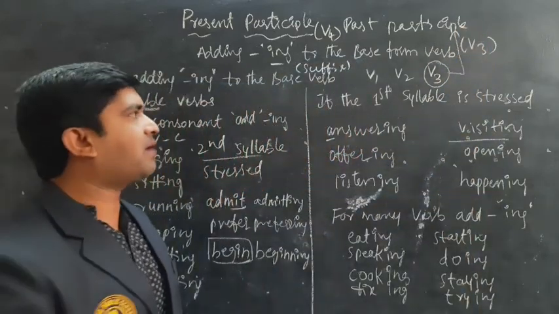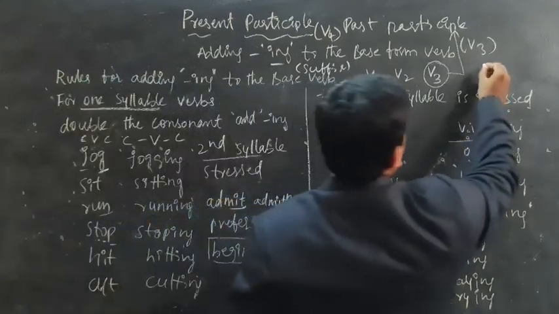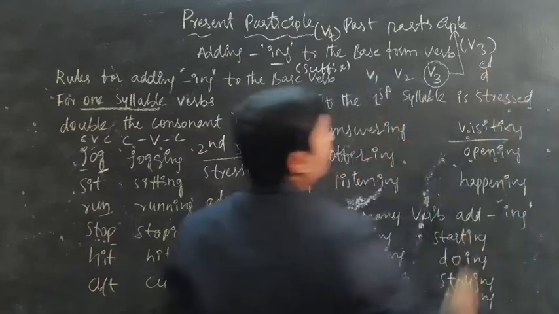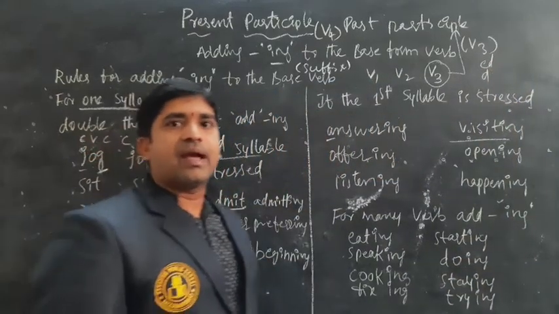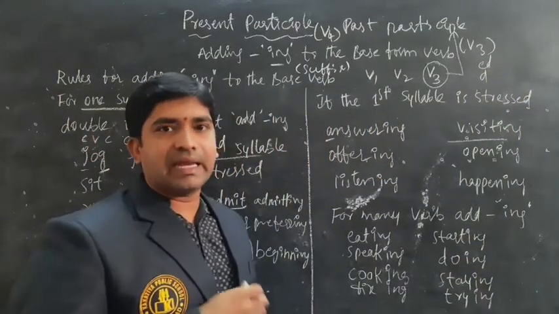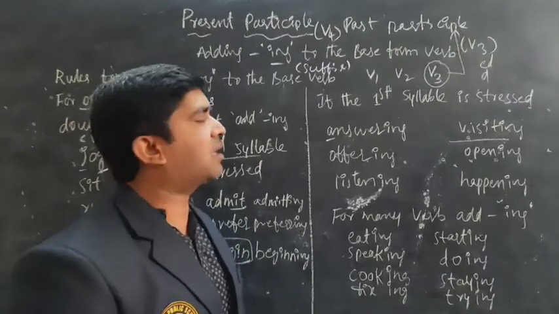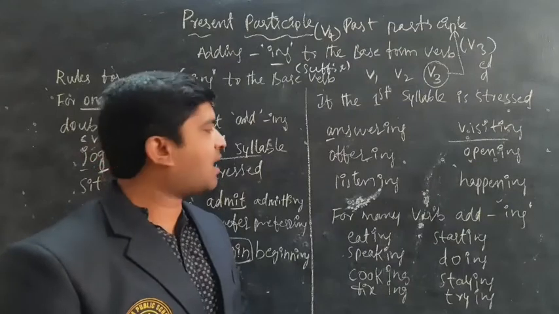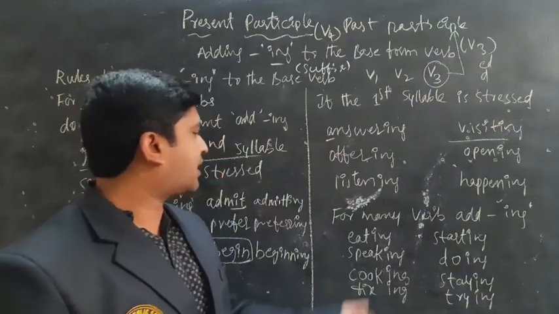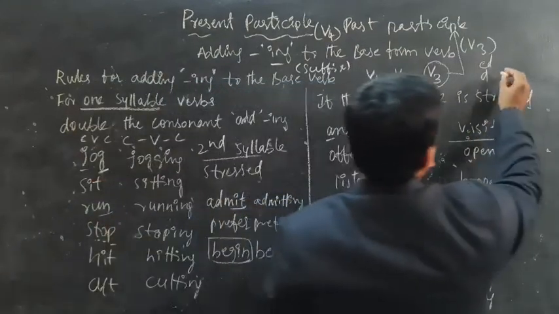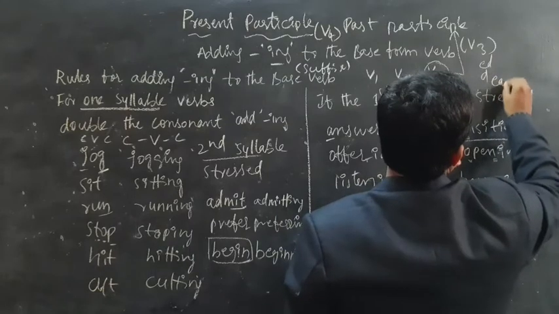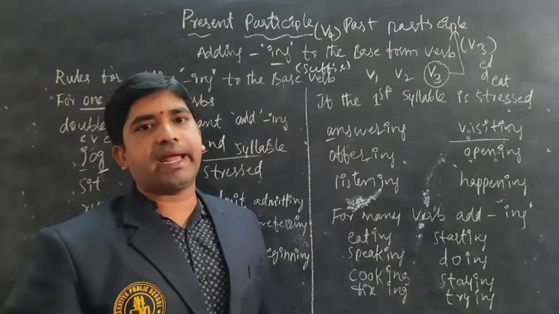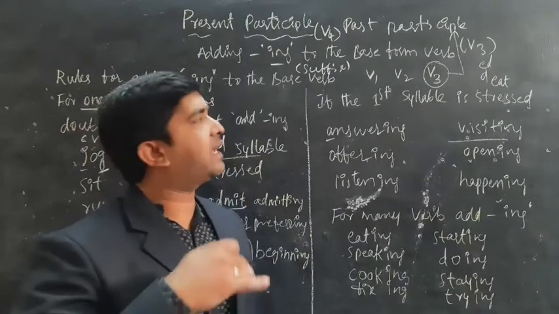This V3 form is formed by adding ed or d in regular verbs, and in irregular verbs the forms are different. Take the example of eat: eat, ate, eaten.